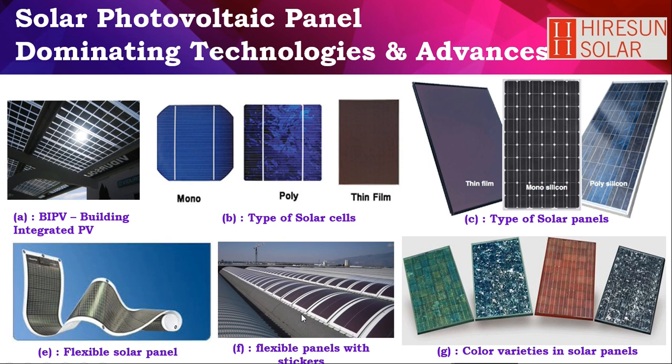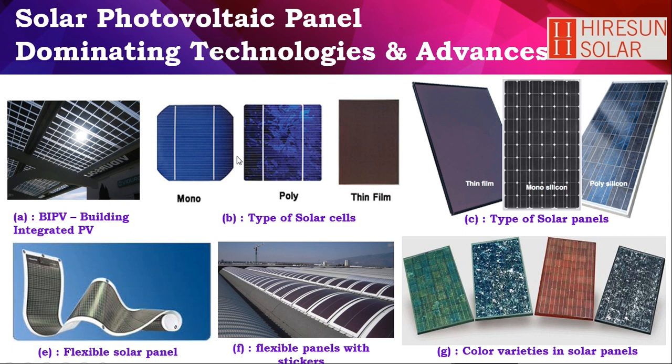Talking about the dominating technology and its advancement, one nice technology is known as BIPV, that is Building Integrated Photovoltaics. We are having 3 types of solar cells. One is monocrystalline, second is polycrystalline, and third one is thin film.